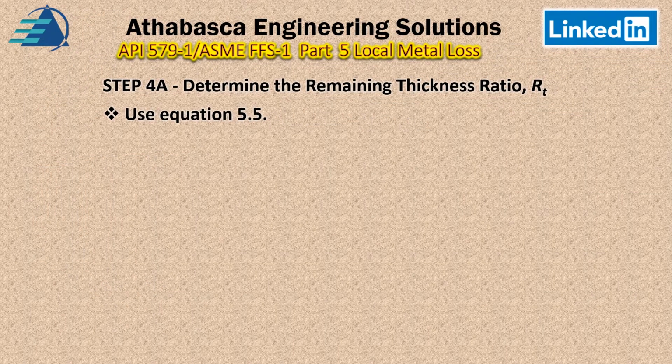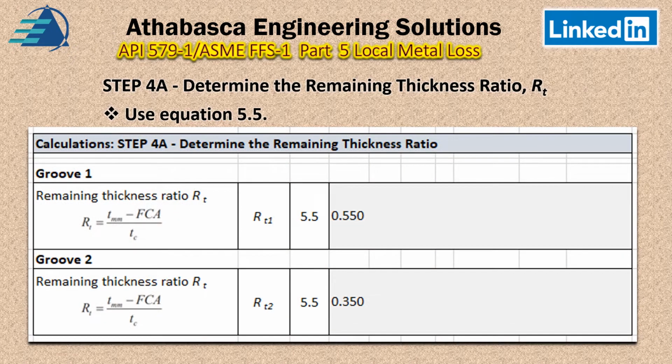Now we're going to use equation 5.5 in our procedure, and step 4A, determine the remaining thickness ratio. This is really critical. This is used quite a bit in the different areas.